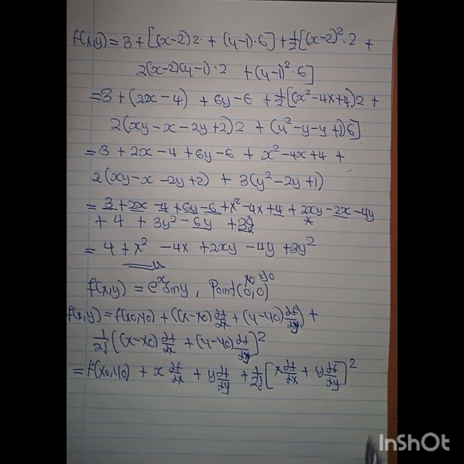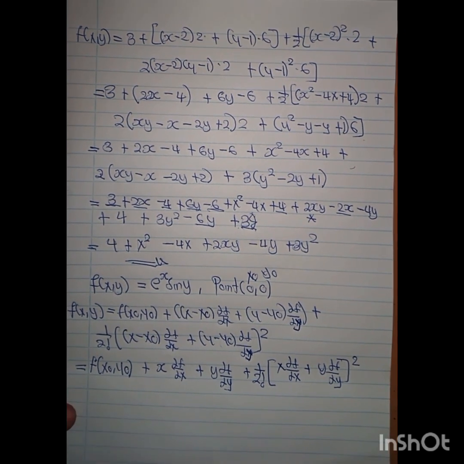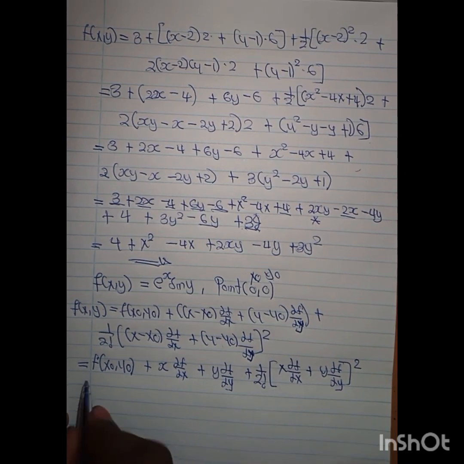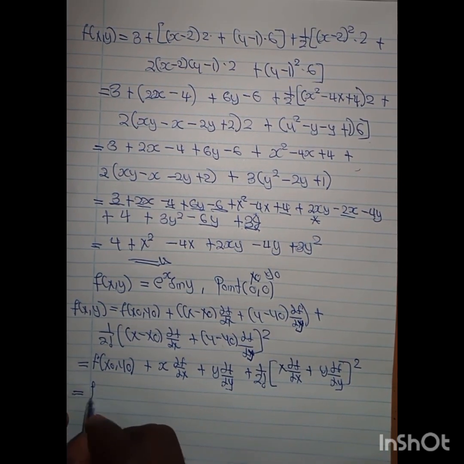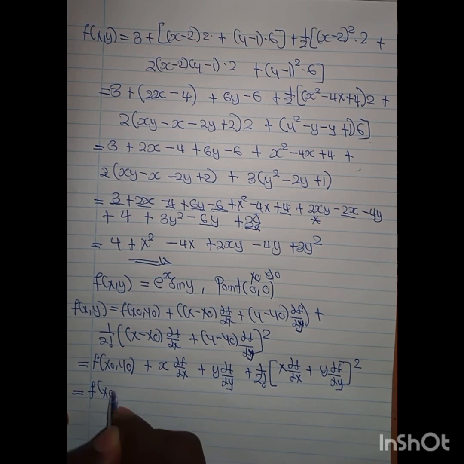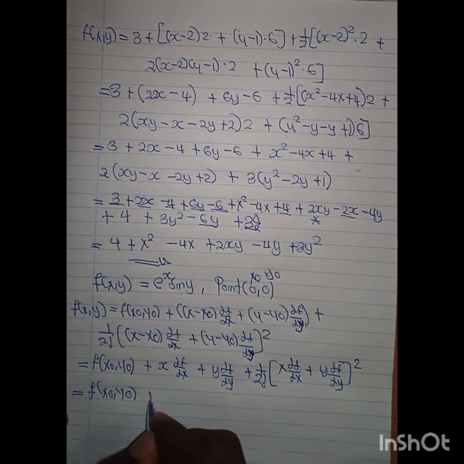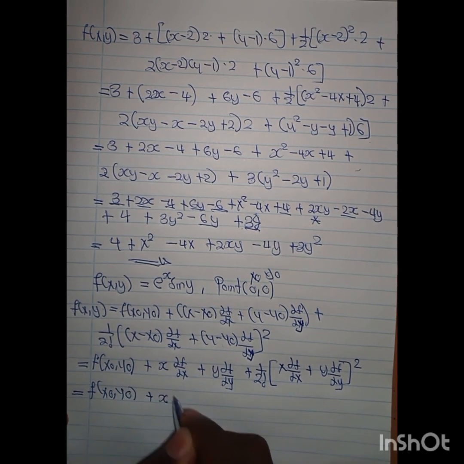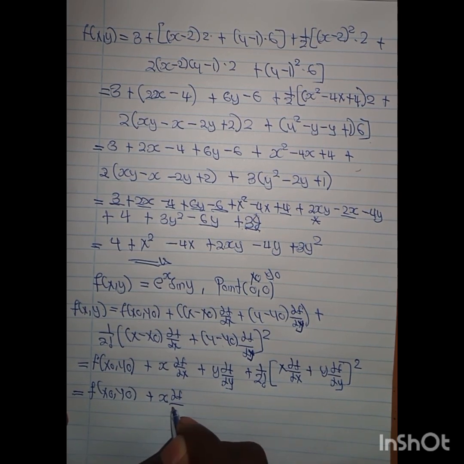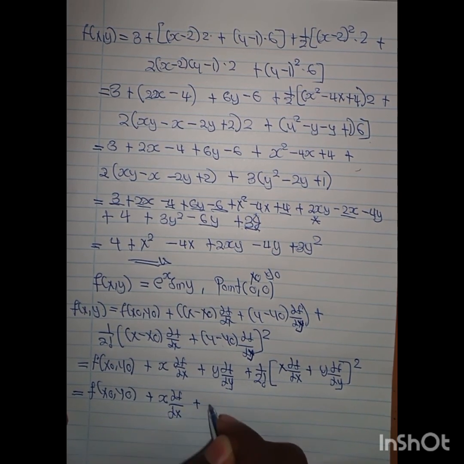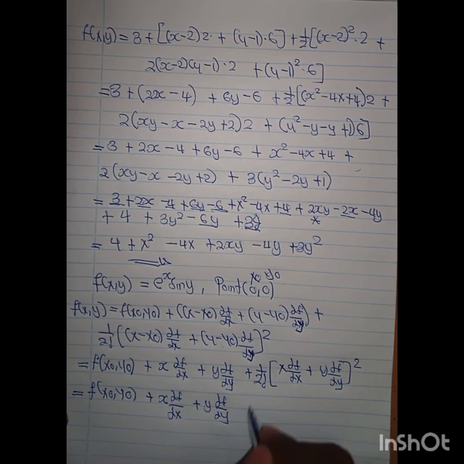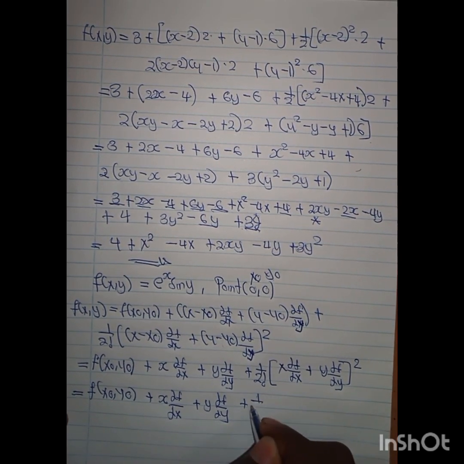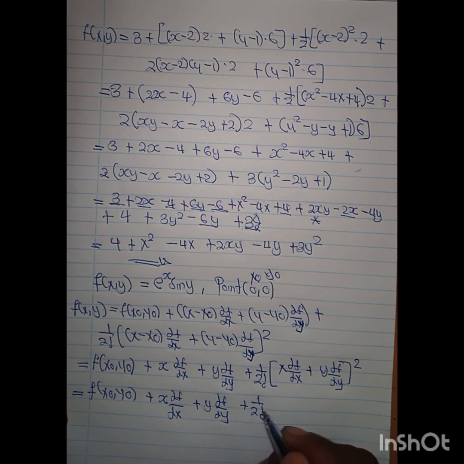And then now, because of the square, this formula can be simplified as follows. We must have f of x naught, y naught plus x df dx plus y df dy plus 1 over 2 factorial.